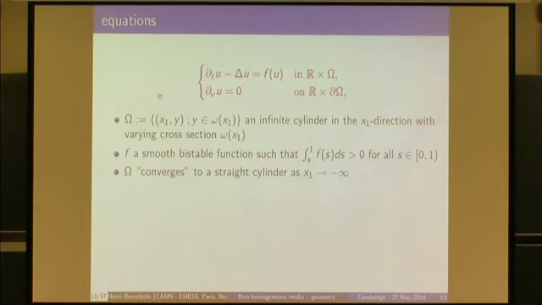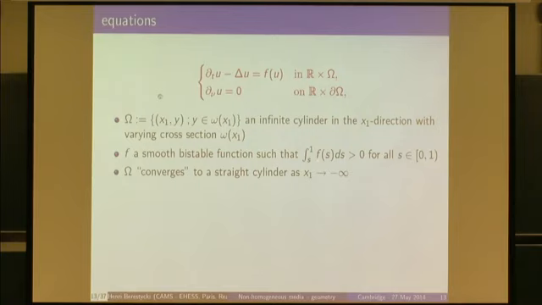This is our Ω, and Ω is a set of (x1, y), where y is in some open set which varies with x1. So it's an infinite cylinder in the x1 direction with varying cross-section Ω(x1). Now, f is going to be a bistable function. I'm going to assume that the integral from s to 1 of f(s) ds is positive for all s in the interval [0,1).